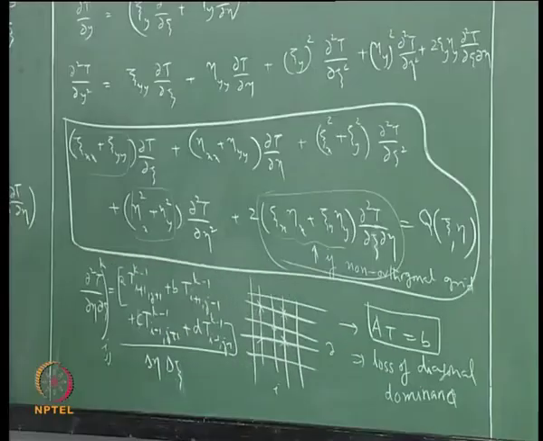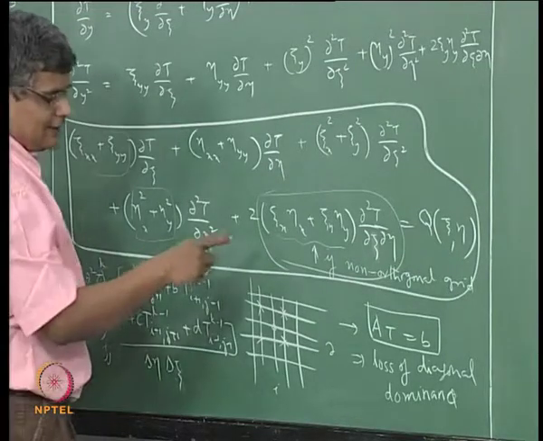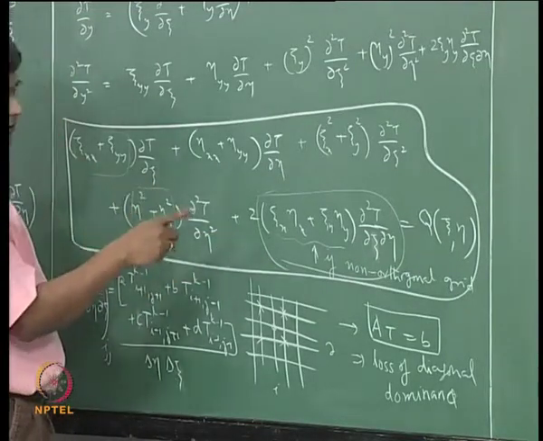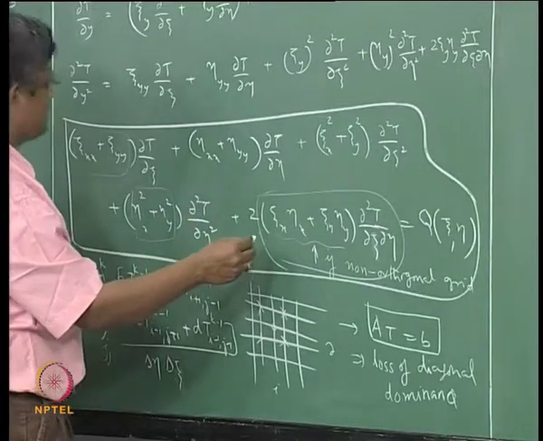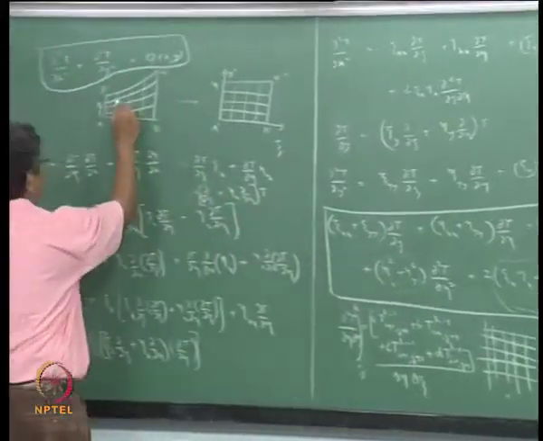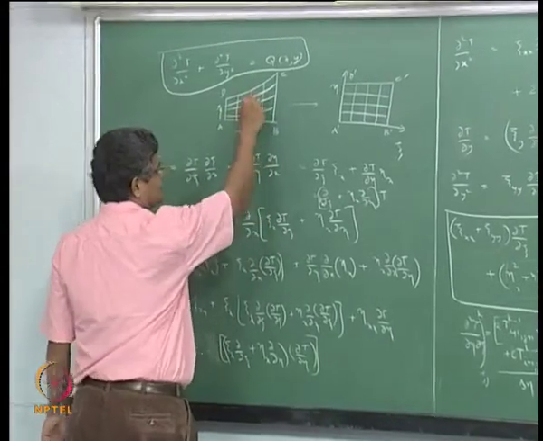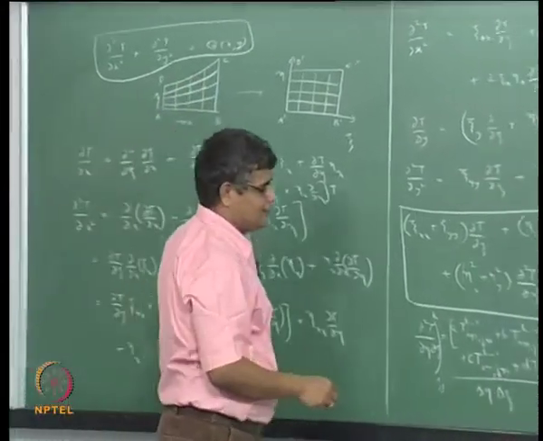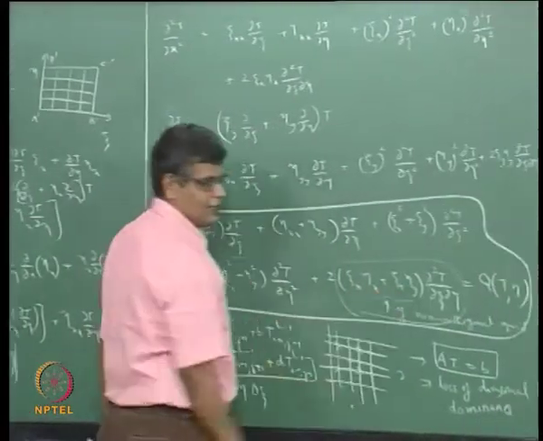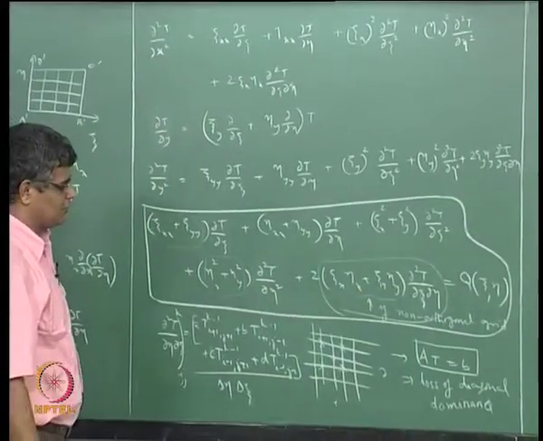So if the grid lines psi and eta are orthogonal and x and y are orthogonal, okay, for example, if these lines here are orthogonal with each other, then this term will be identically 0, and it can be shown that way.